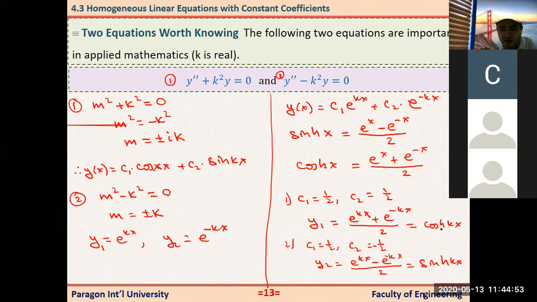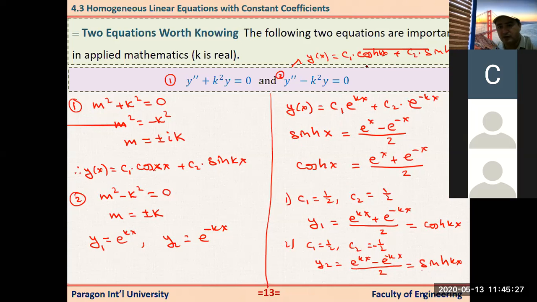Now all the linear combinations give us the general solution of this equation. The solution of this equation will be c1 times cosh kx plus c2 times sinh kx.